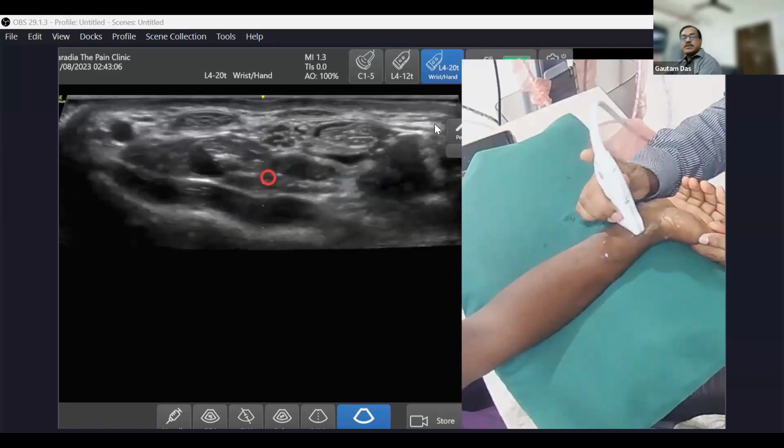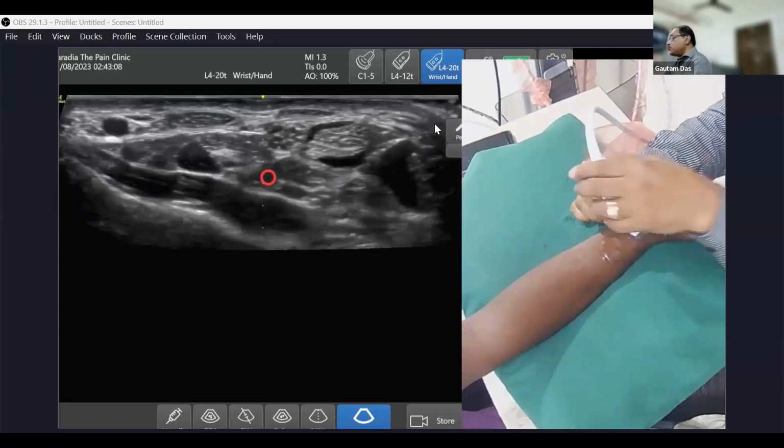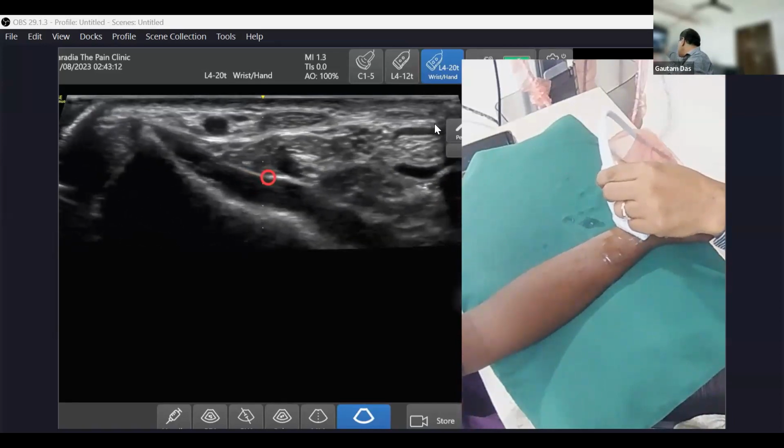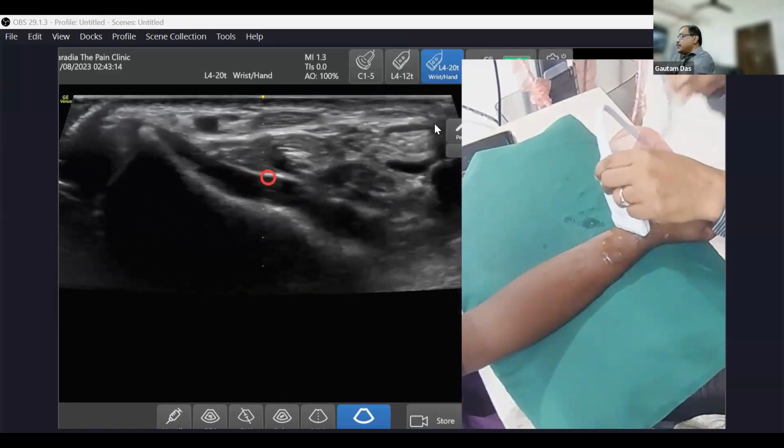Okay, so for the palmar side, normally we should be starting. Let me increase the depth a little bit.